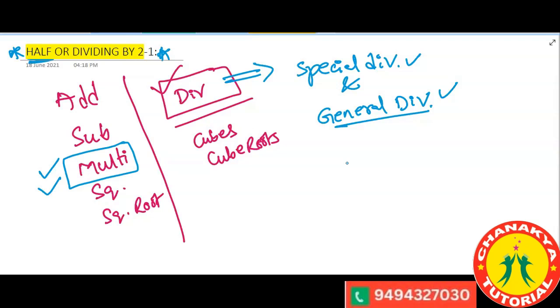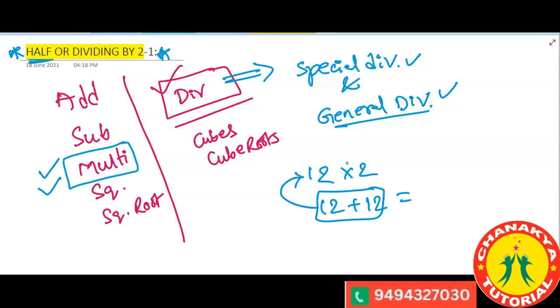Here it is half, or division by 2. See how to double a number. Suppose I take 12 into 2; instead of multiplying by 2, we can also add the same number, right? So using additions, we solved multiplications in the early multiplication.